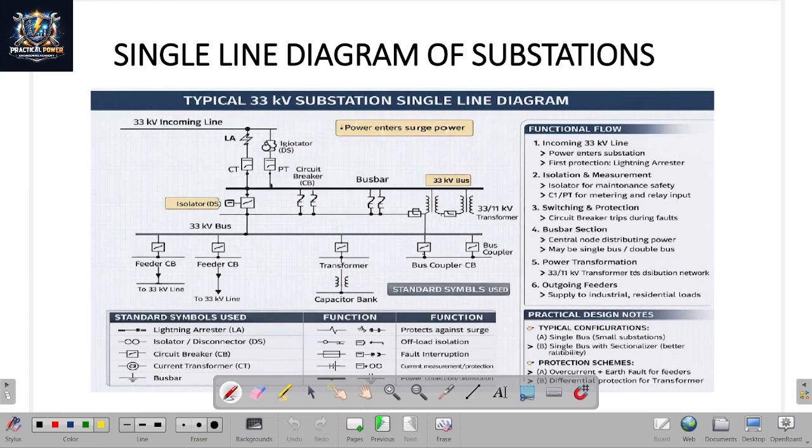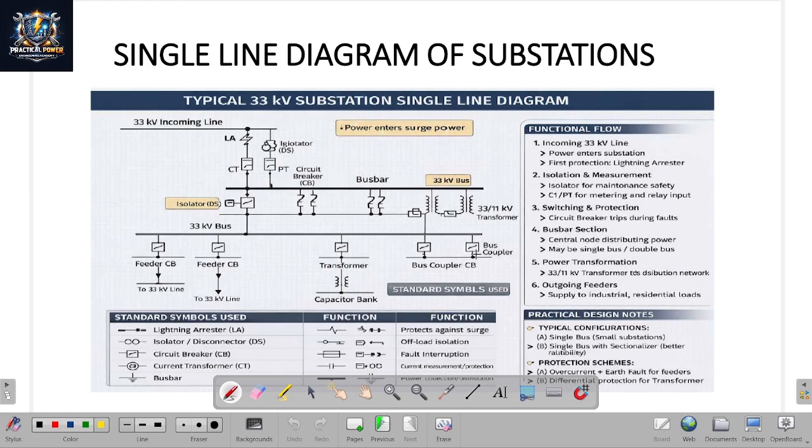Here is another diagram. 33 kV incoming line through LA, CT, isolator, PT, then the circuit breaker here, through the 33 by 11 kV distribution transformer here. Here is the bus coupler; the double bus is there.